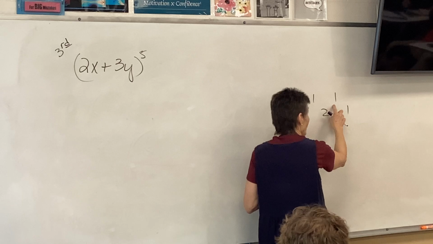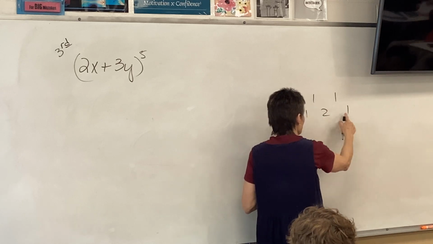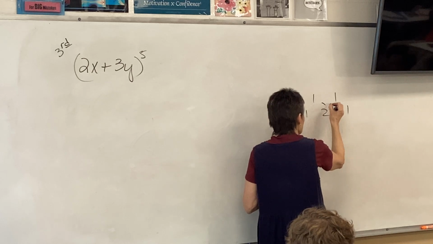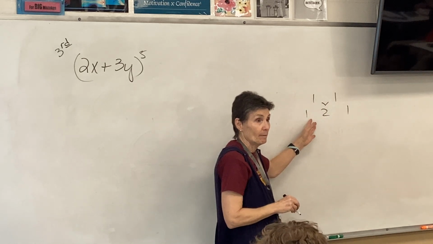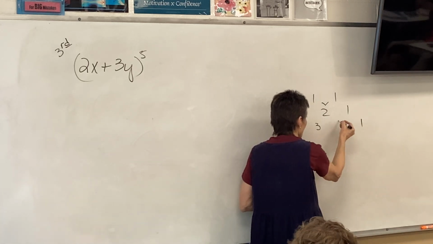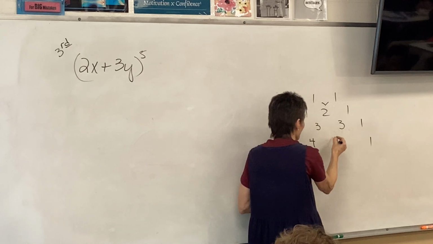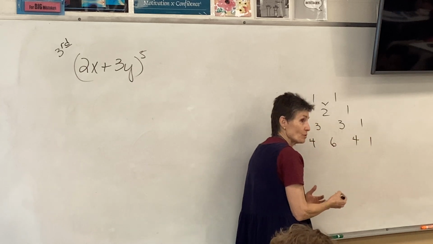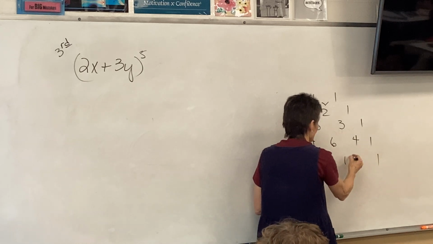Remember, it starts with a 1, 1. Then each row begins with a 1, ends with a 1, and the interior numbers are found by adding the 2 above. So 1, 1, and then 3 and 3. 1, 1, 4, 6, 4. Remember this from yesterday? 1, 1, 5, 10, 10, 5.